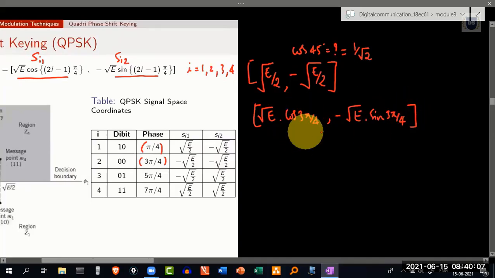And what is this 3 pi by 4 equal to? Can I have some quick answers in the chat? What angle is this 3 times pi by 4 equal to? I'm waiting for your answers. What is 3 times pi by 4 radian equal to?